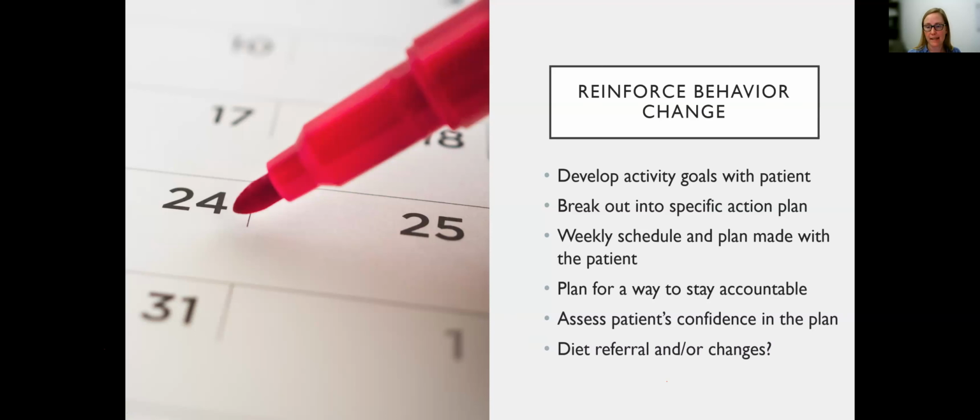And then we identified maybe the dietary could be important as well, and that would definitely impact his mobility. So do we need a referral there to help guide that behavior change? Or has he been able to make that on his own?